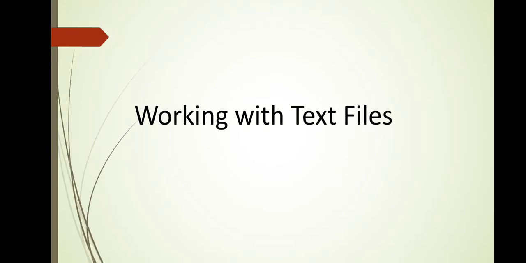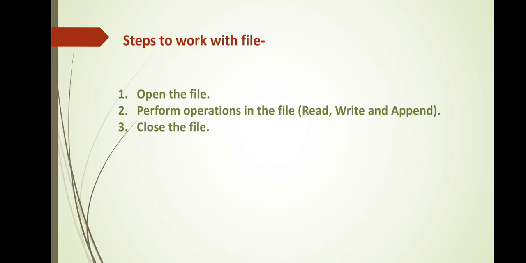Now let us see how we can deal with the text file, how we can work with the text file. If we have to work with the text file, we have to follow certain steps. The first and foremost step is we have to open the file.